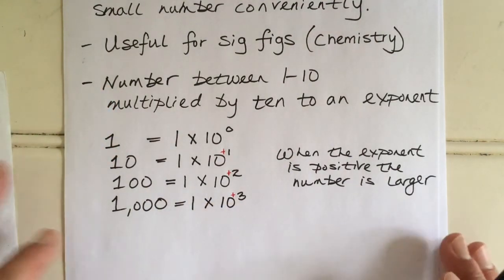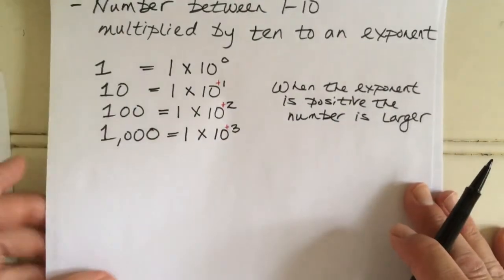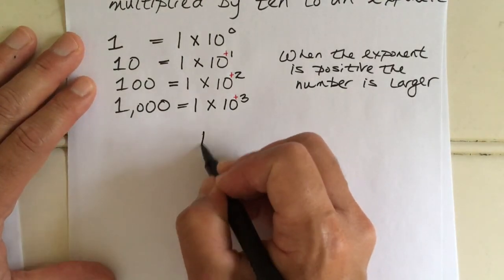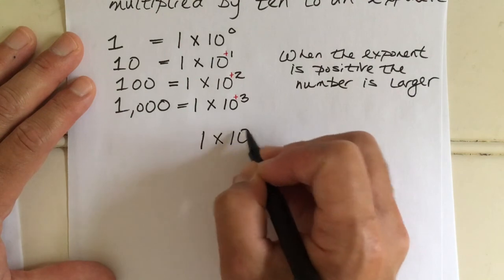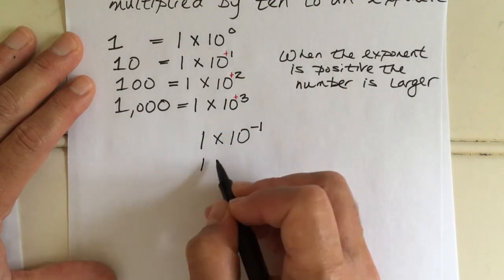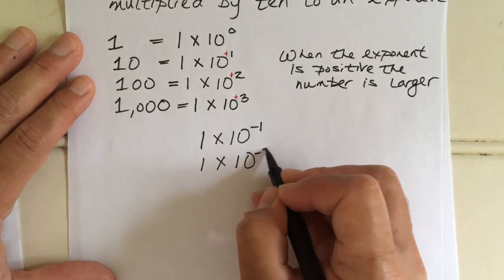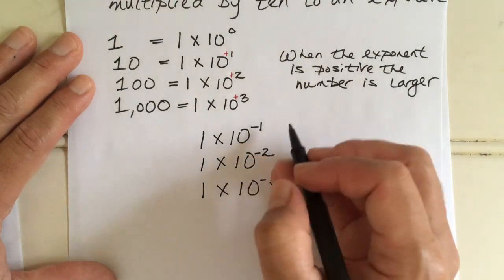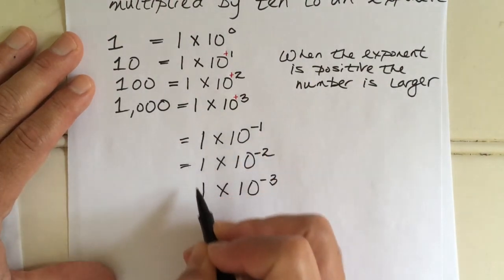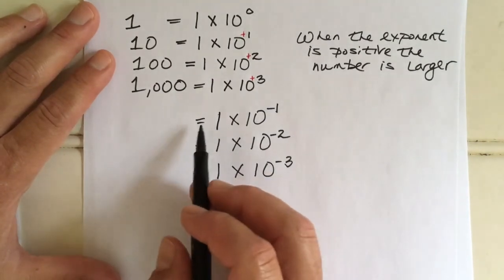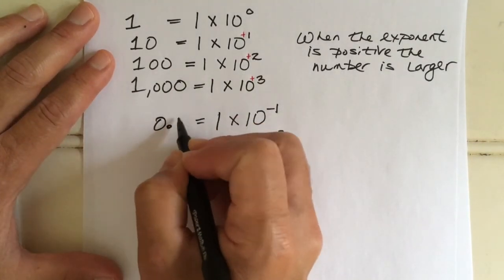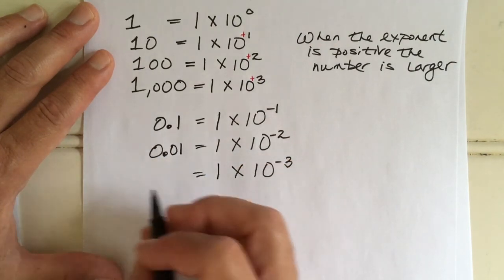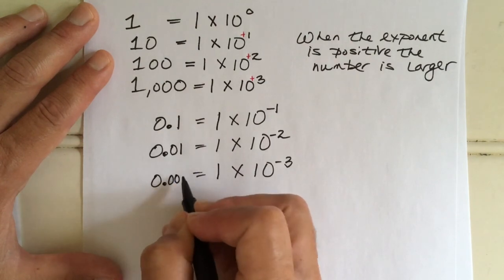So we're going to notice that the opposite is true when it's a negative number. So for instance, if I was going to write these down here as 1 times 10 to the negative first, 1 times 10 to the negative second, and 1 times 10 to the negative third, these would be equal to 0.1, 0.01, and 0.001.